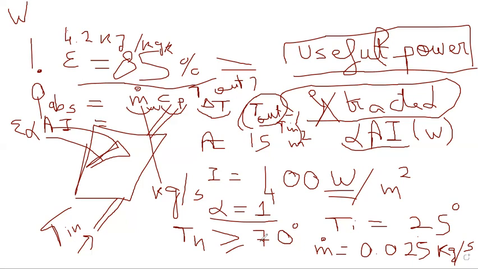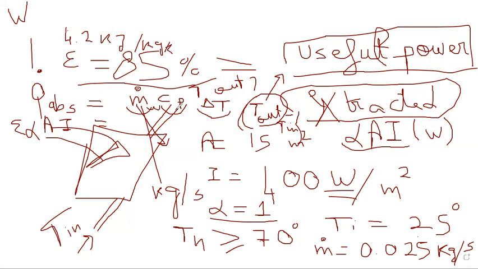If you didn't install your system yet and you are doing the design, you have several possibilities to increase the value of T out. One, you can decrease the mass flow rate. But in this way, you should wait more time for your shower, because you need to decrease the mass flow rate to increase delta T, and this will require a longer time to heat your water. This is a first strategy.